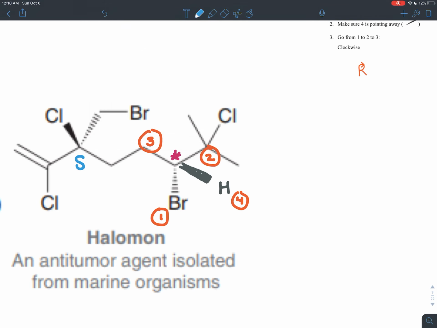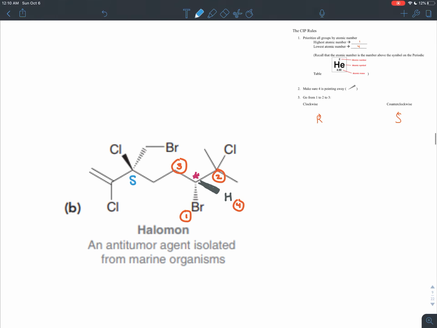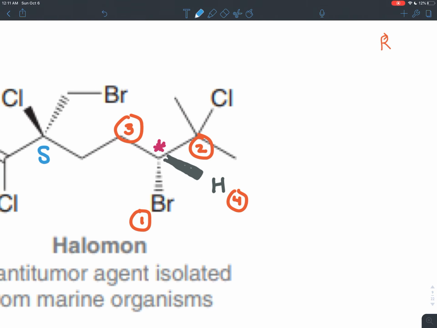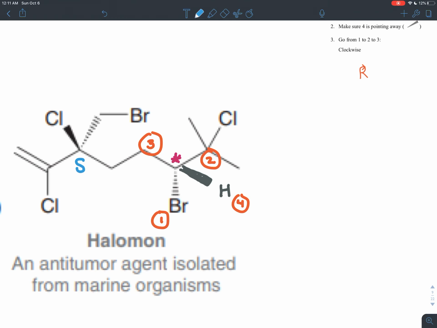Then, once we have that, we need to make sure 4 is going away. It's not. Here's what you do when 4 is coming out at you, like it is here. We saw that when 4 is going away, you have to switch 2 groups. When 4 is coming out at you, ignore 4, go from 1 to 2 to 3.